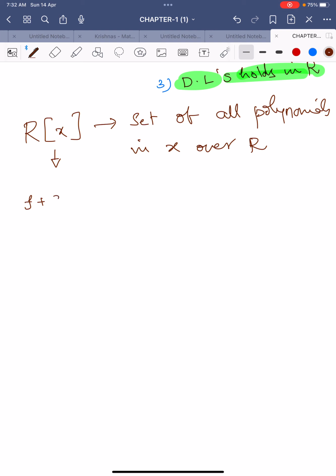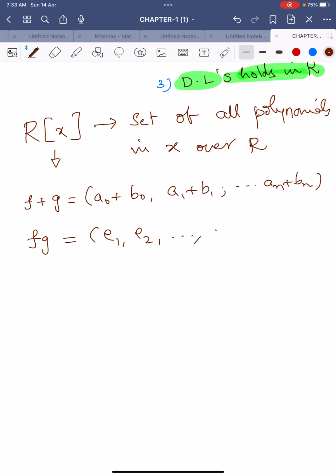f plus g is equal to a naught plus b naught, a1 plus b1, and so on, an plus bn, and fg is equal to c naught, c1, and so on, cn, where this cn is equal to a naught bn plus a1 b n minus 1 plus and so on plus an b naught.